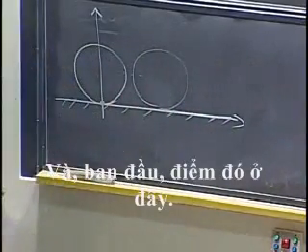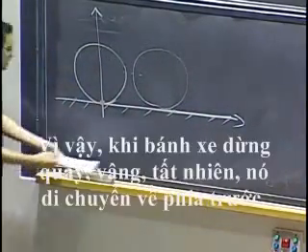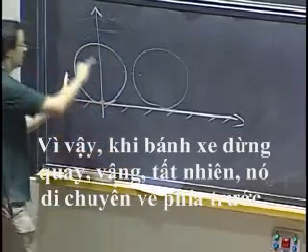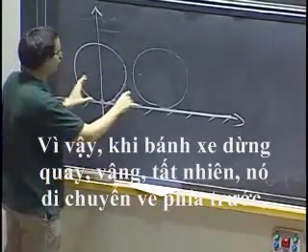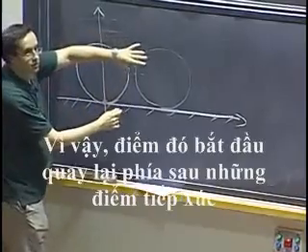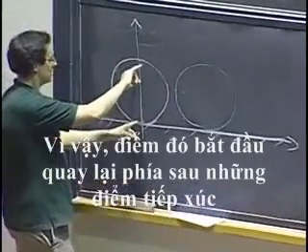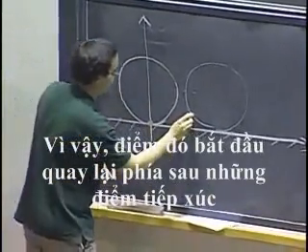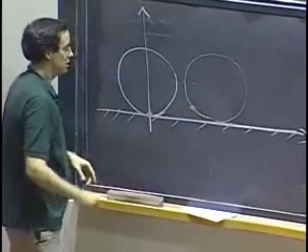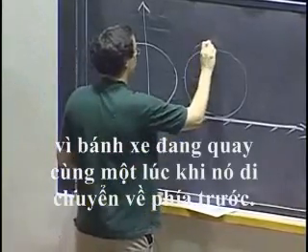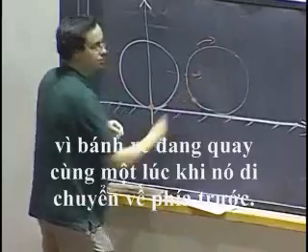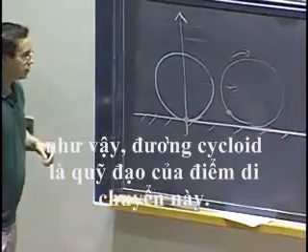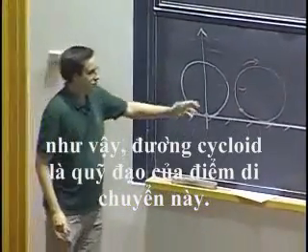And initially that point is here. Okay? So as the wheel starts rotating, well, of course, it moves forward and it turns on itself. So that point starts falling back behind the point of contact, because the wheel is rotating at the same time as it's moving forward. And so the cycloid is the trajectory of this moving point.